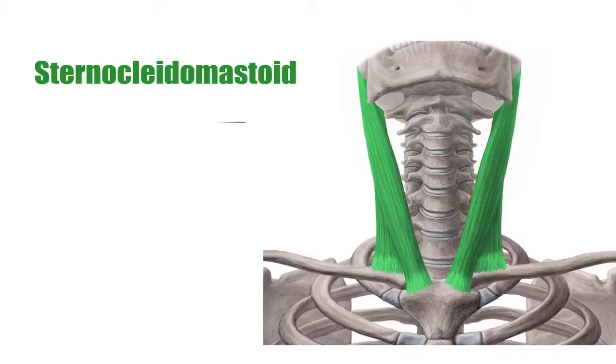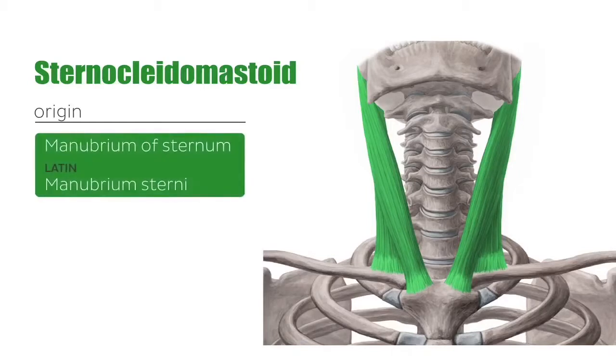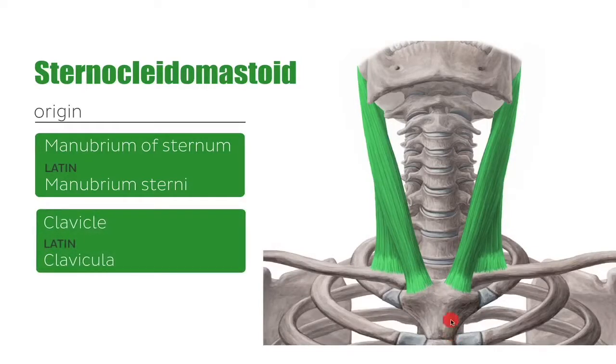Now, in terms of the origins for the sternocleidomastoid muscle, this muscle has two heads, a sternal head and a clavicular head. Now, the sternal head originates from the manubrium of the sternum, as you can clearly see here from this image, while the clavicular head will originate from the medial 1/3 of the clavicle, as you can also see from here.